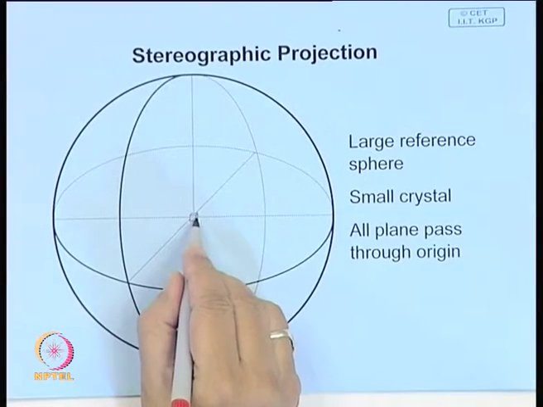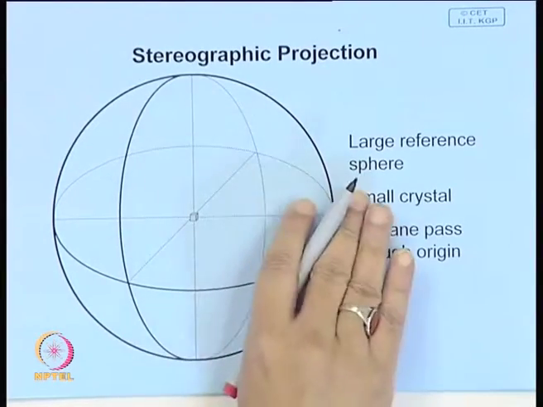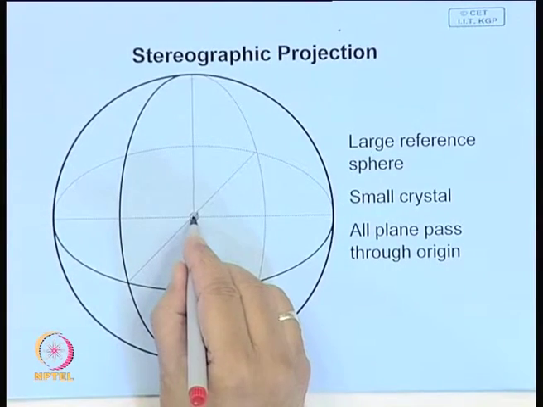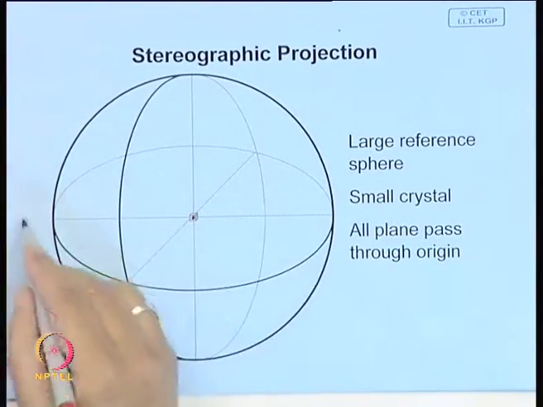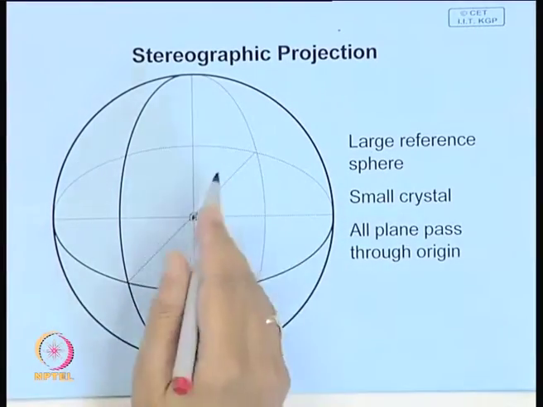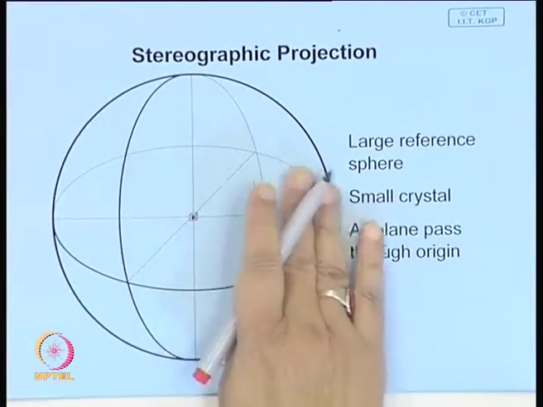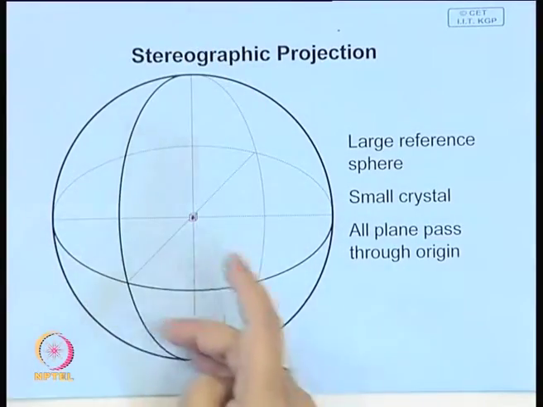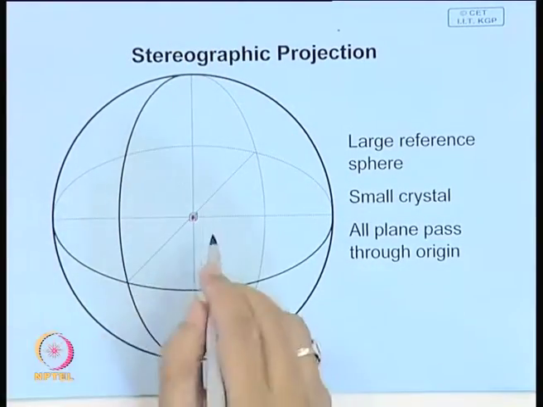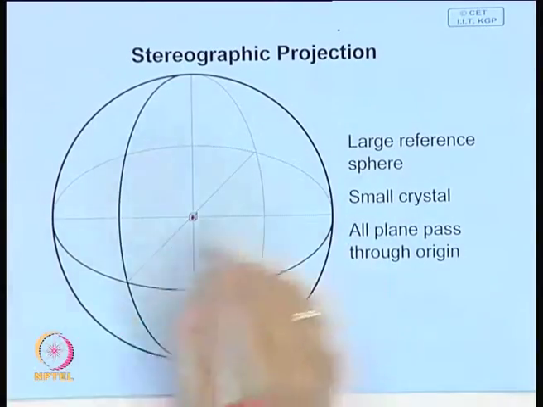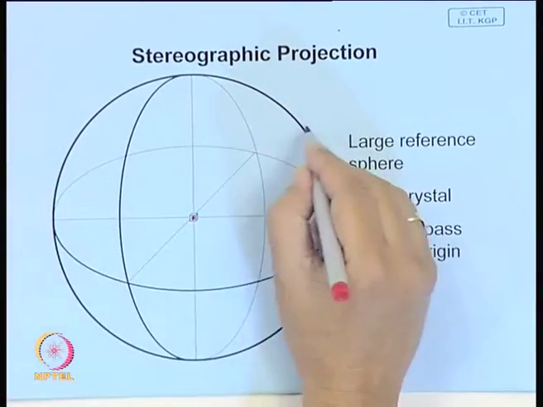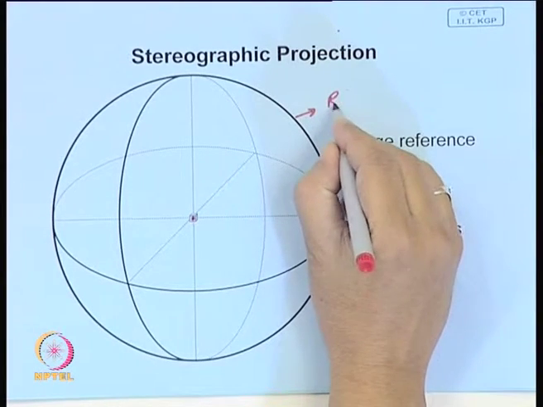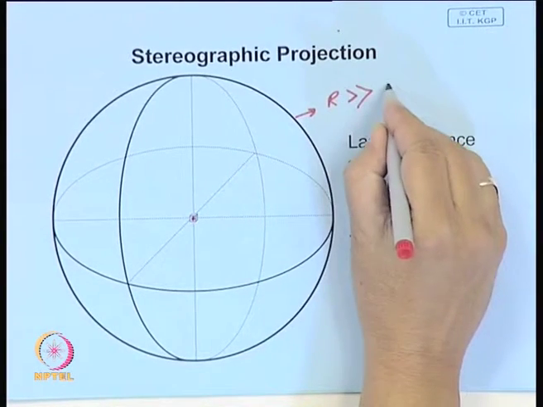What does it mean? It means that any plane that you draw in the crystal will pass through the origin. Suppose you draw one plane, it passes through the origin. You draw the vertical plane, this also will pass through the origin. So, this large sphere we call a reference sphere. Its radius is much larger than the crystal.